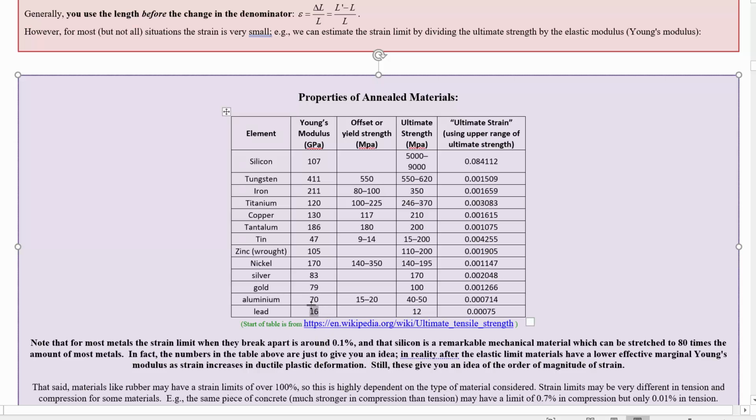So this means it's going to take 16 kilonewtons of force to compress a cubic meter of lead by 1 micrometer. It's going to take 400 kilonewtons of force to compress a cubic meter of tungsten by 1 micrometer.